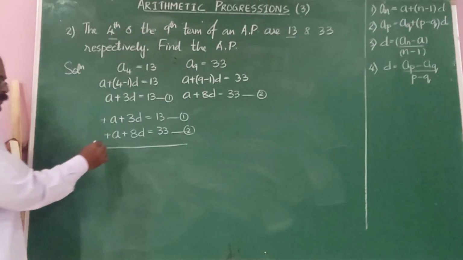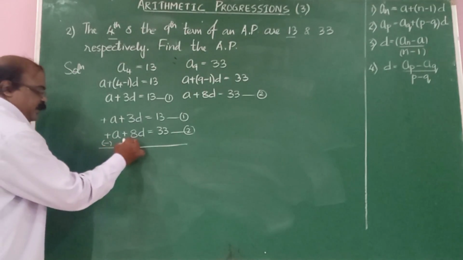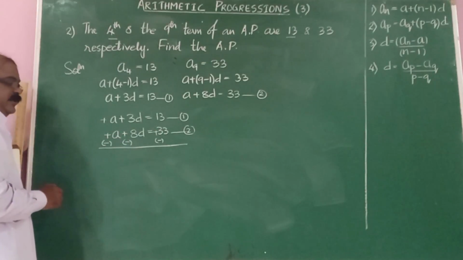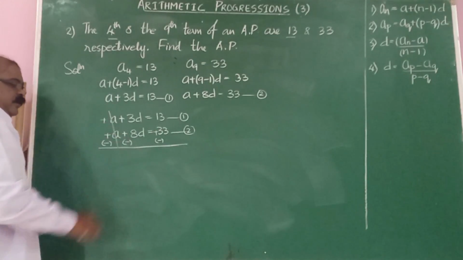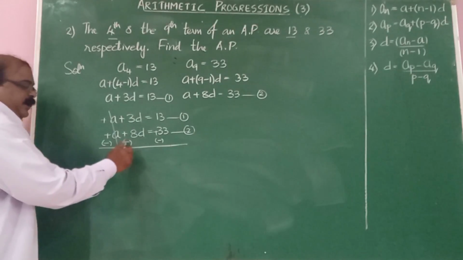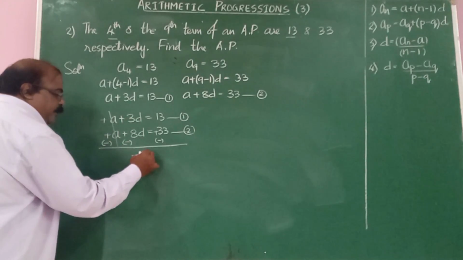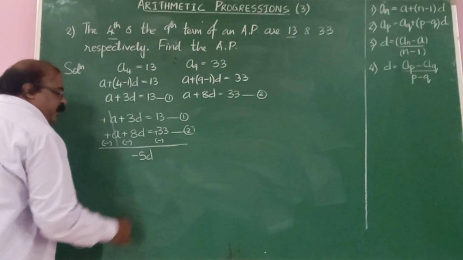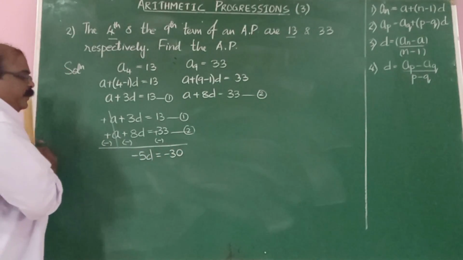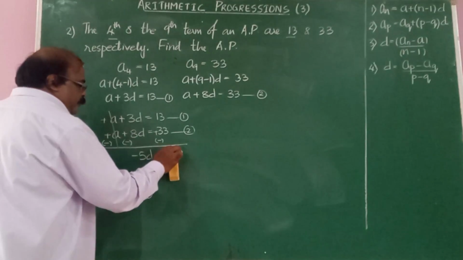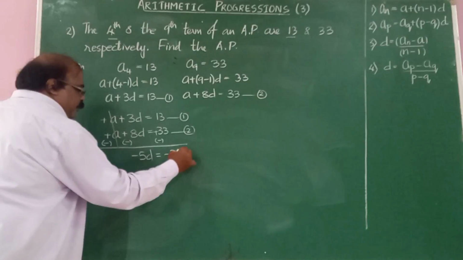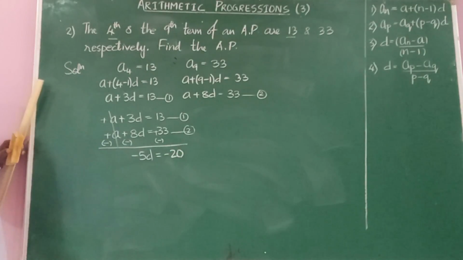If I subtract, I have to change the sign. Remember, whenever you have to subtract, always we change the sign. So here what happens? Plus a and minus a gets cancelled. Minus 5d and plus 3d makes it minus 5d is equal to minus 20. Minus 33 and plus 13 is minus 20.